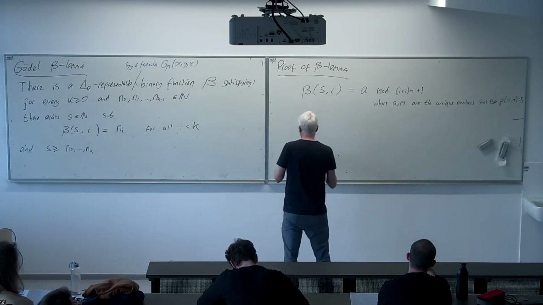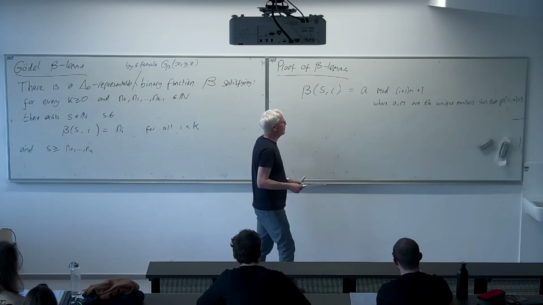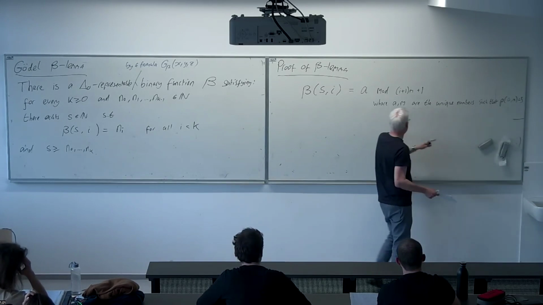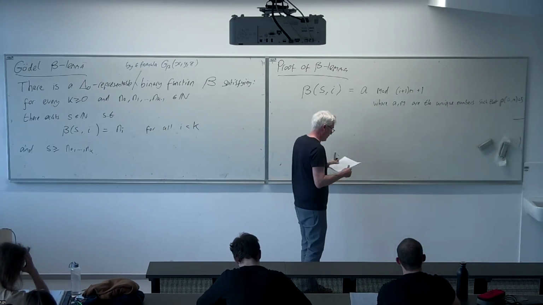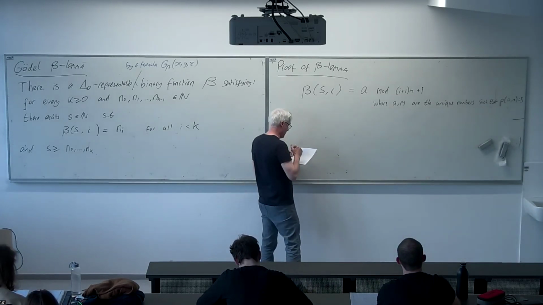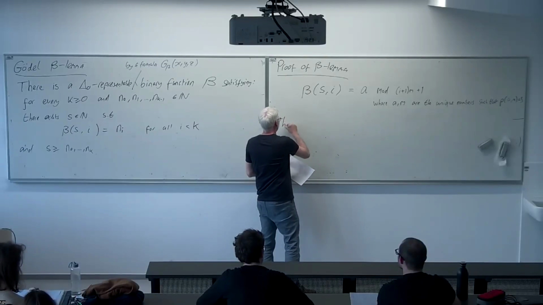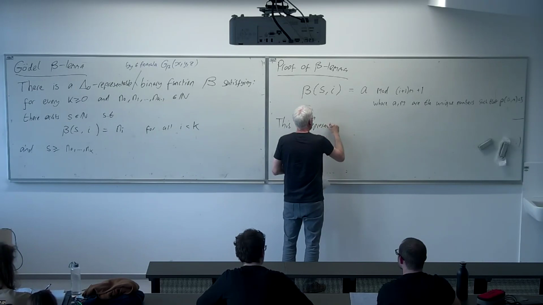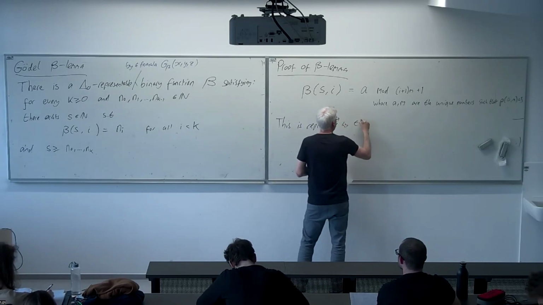And this is easily represented by a delta zero formula, because we showed that the pairing and modulo functions were represented by delta zero formulas. So this is represented by a delta zero formula.